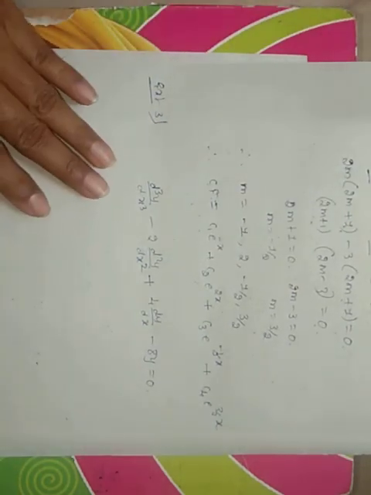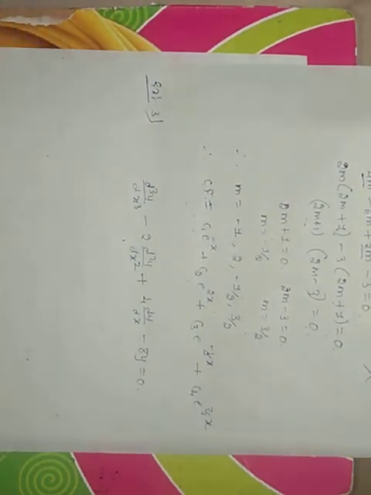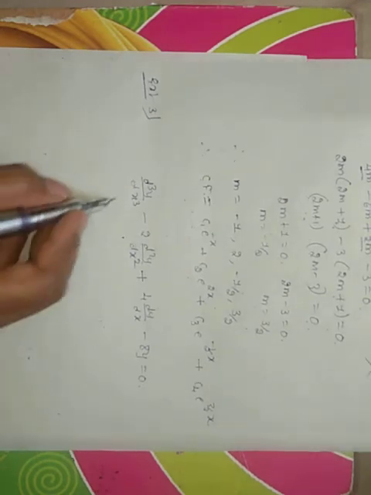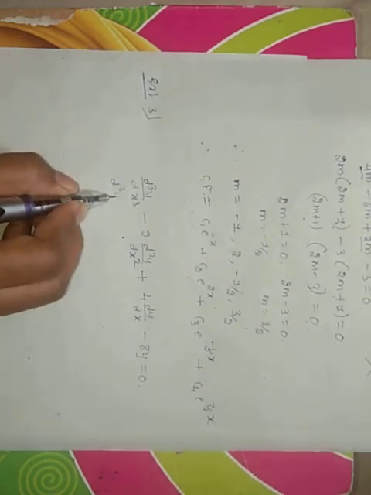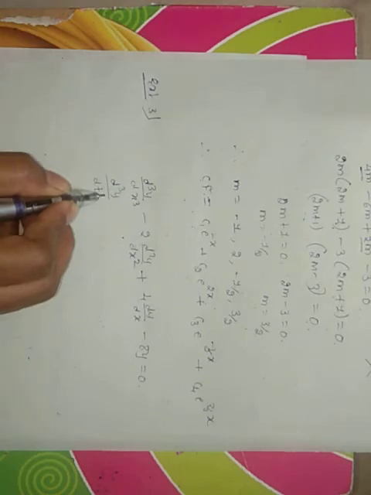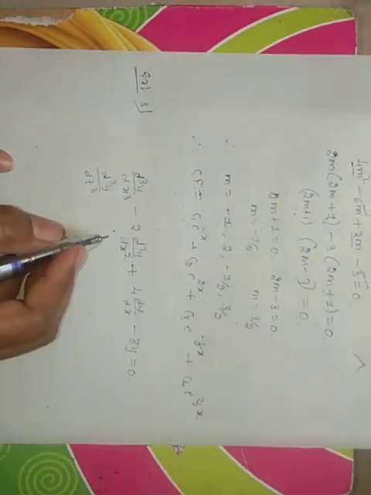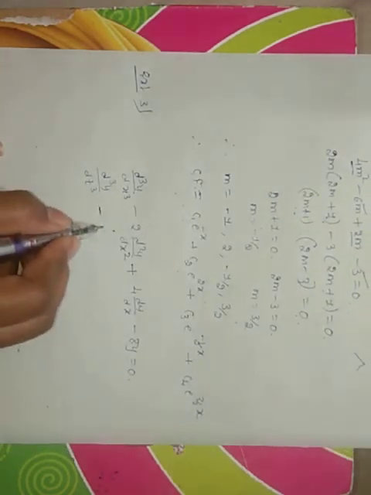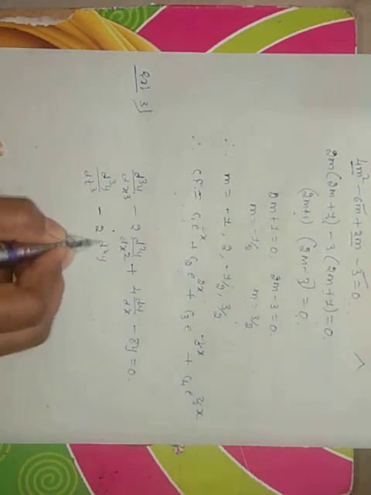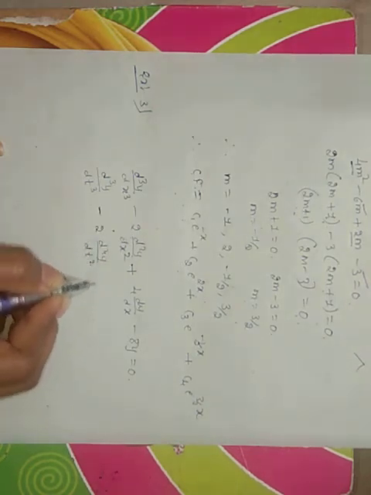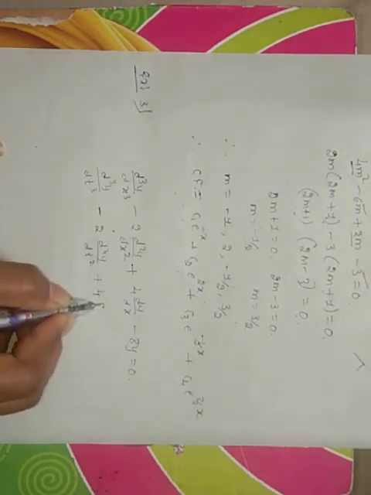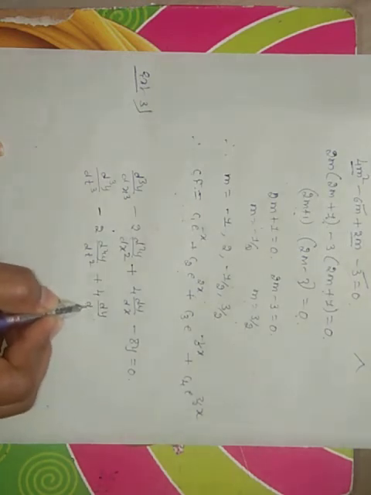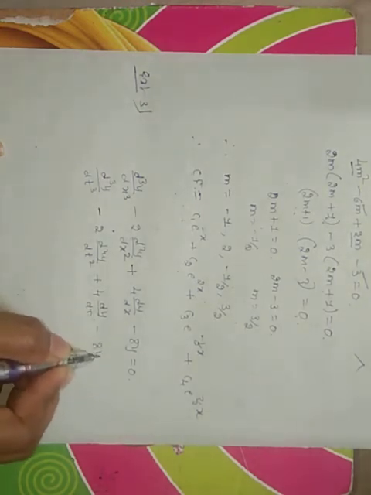Here one thing you have to remember, the same equation may also be given in the form d cube y by dt raised to 3 minus 2d square y by dt square plus 4dy by dt minus 8y equal to 0.